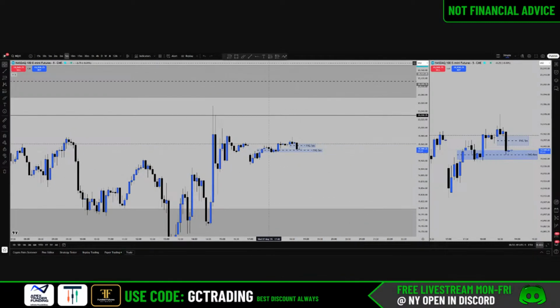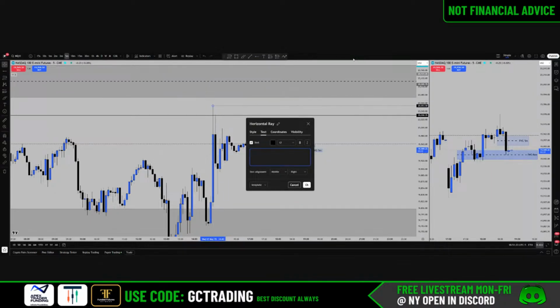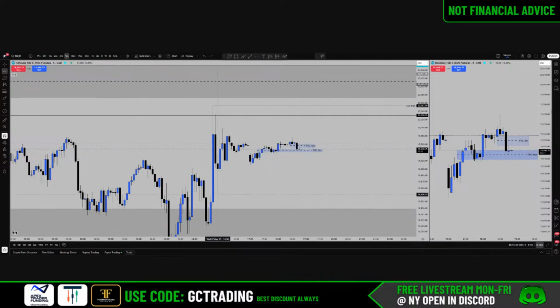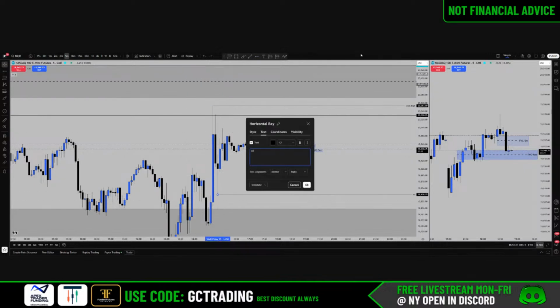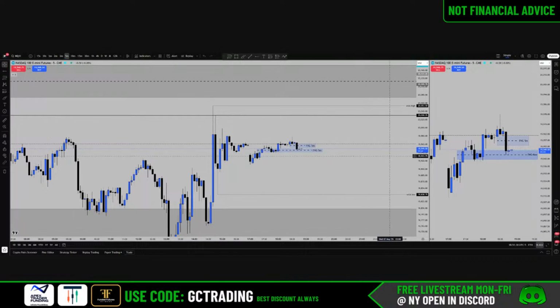We do have this wick high right here, and then we have this wick low over here. Those are quite a ways from price though, about 100 points both ways.